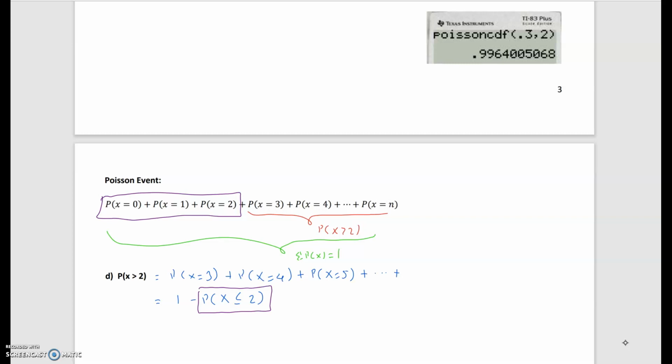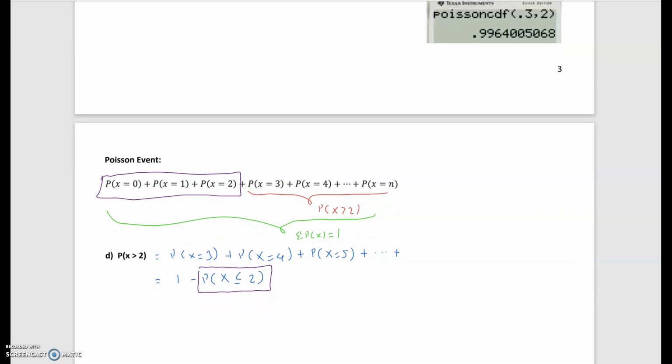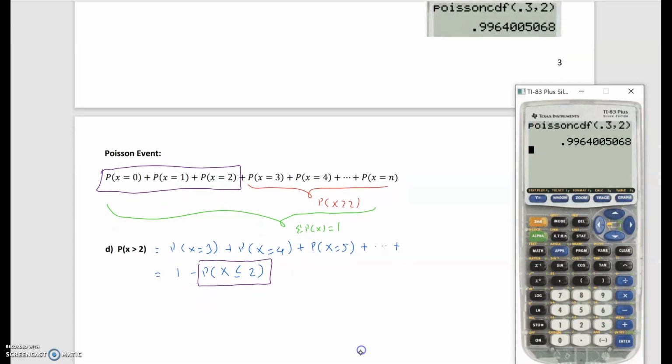And notice that you cannot evaluate it directly because n is not given. This n value, we just know it's a very large value, it's not stated. So in this case, we would have to adjust it with the complement. So we would be doing another CDF. Actually, we already did it.